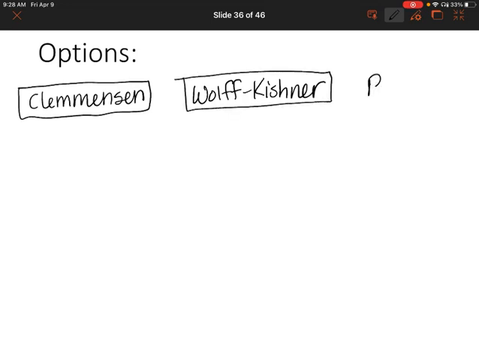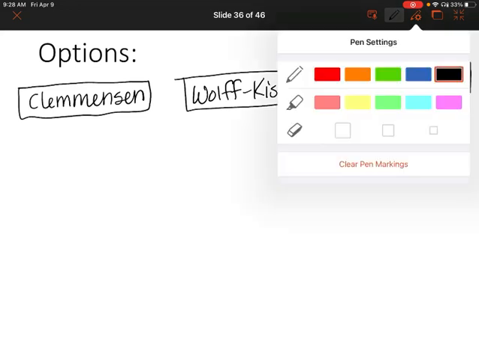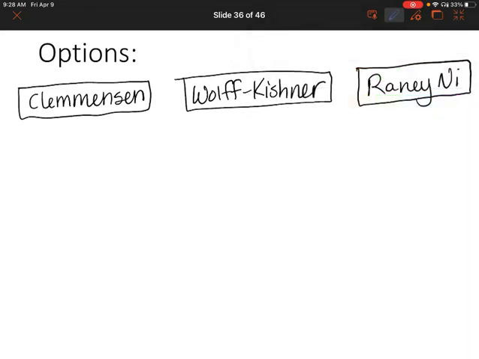And now we have a third option, which is our Raney nickel reduction. So the Clemmensen reduction is good for what are called aryl ketones. So that's where you would have a ketone maybe bonded to like a benzene ring, something aromatic, for instance.